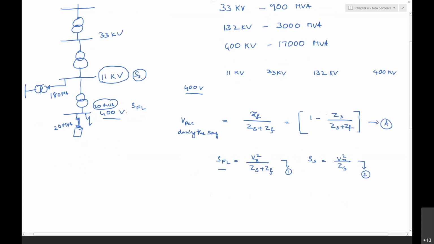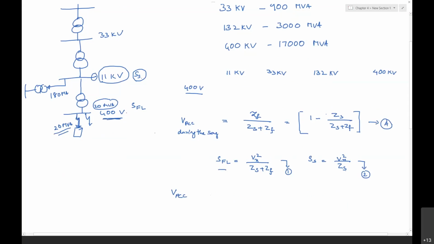Now the PCC voltage. When the fault has occurred at the 400 volts line, the PCC we are considering is at the 11 kV line.